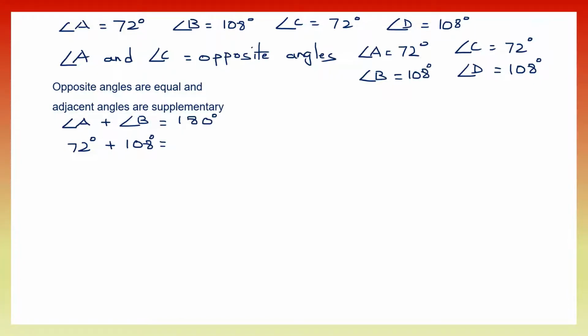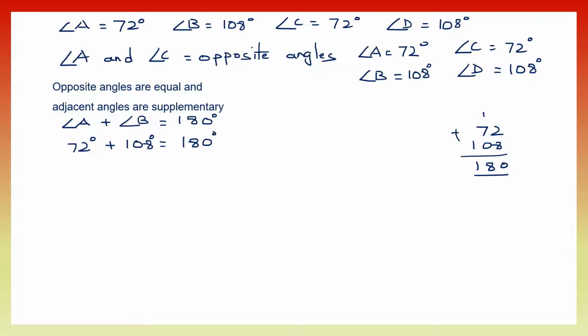Do they add up to 180? 72 plus 108. 8 plus 2 is 10, carry 1. 7 plus 1 is 8 and then 1, we have 180. Yes. So this pair of adjacent angles are supplementary. So that condition is also satisfied.